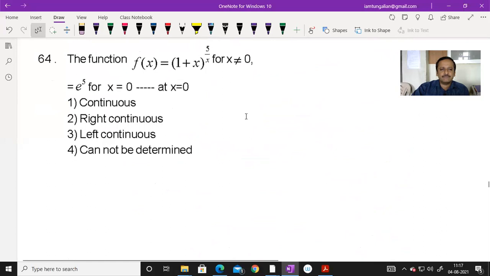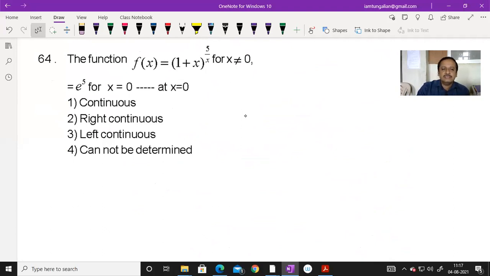Okay. Then the next question is question number 64. The function f of x is equal to (1 plus x) whole power 5 by x for x not equal to 0, and it is e power 5 for x equal to 0. Is f dash at x equal to 0? Is it continuous? Is it left continuous? Right continuous?